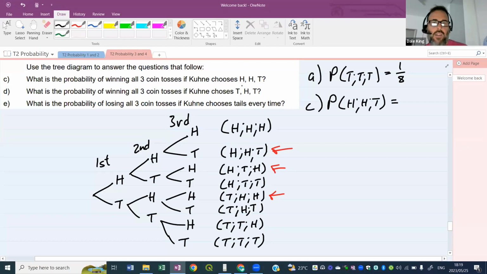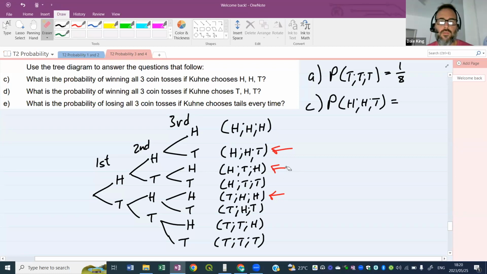I think they might be looking at an order because we got commas here. You see, you got H, comma, H, comma, T. I think it means first the H, and then another H, and then the T. So we're looking for one that's H first, then an H, and then a T.